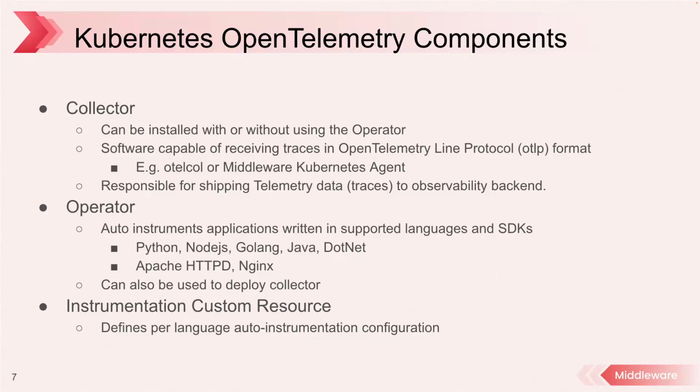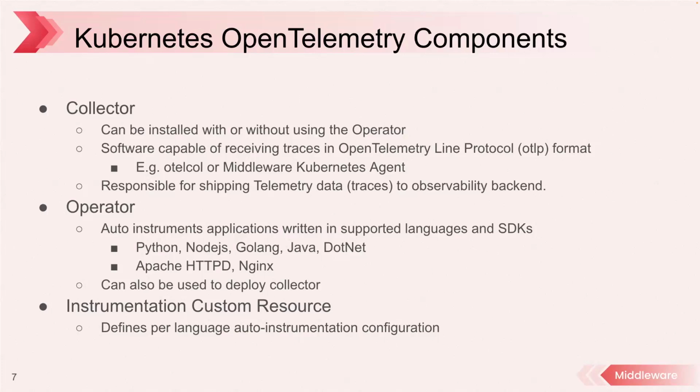The second component in the OpenTelemetry Kubernetes ecosystem, not as widely used as it should be, is the operator. Kubernetes operator in OpenTelemetry is something you install in your Kubernetes infrastructure. And what it allows you to do is automatically instrument your Kubernetes pods to collect OpenTelemetry traces.